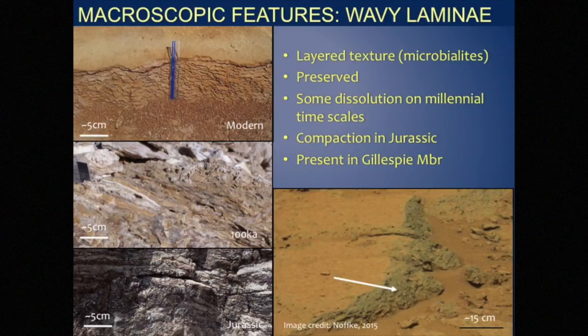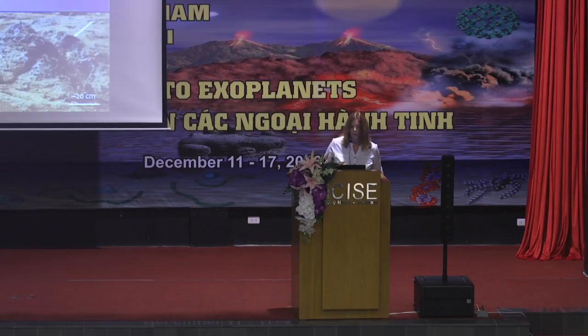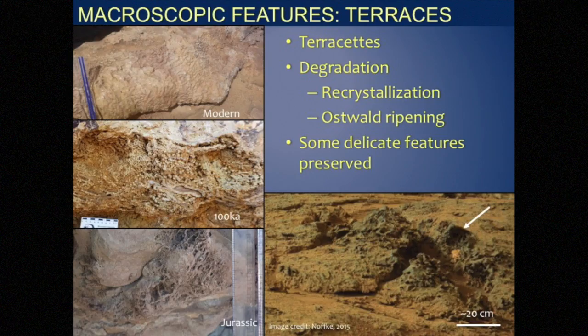And then this is from that Noffke paper, and here's some wavy laminae that she has noticed has similarities to this. Now, on Earth, we typically look at that and say, that's microbial. So it most likely is on Earth. It may or may not be on Mars.